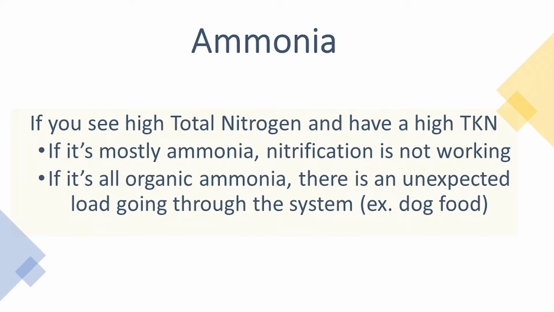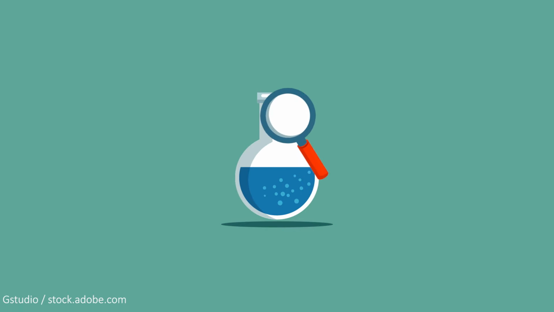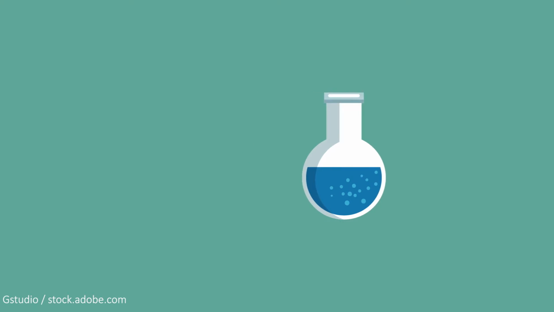Or is it all organic nitrogen, which means somebody's dumping bags of dog food down there and it's just going right through the system? So there are hints you can get by looking more carefully at the species of nitrogen that are part of the total nitrogen picture.